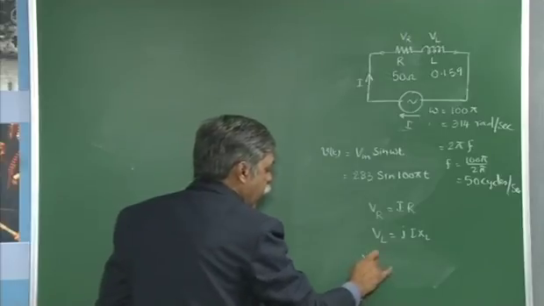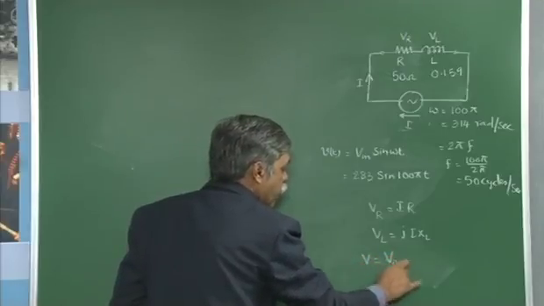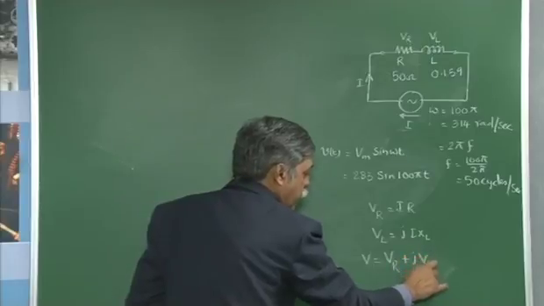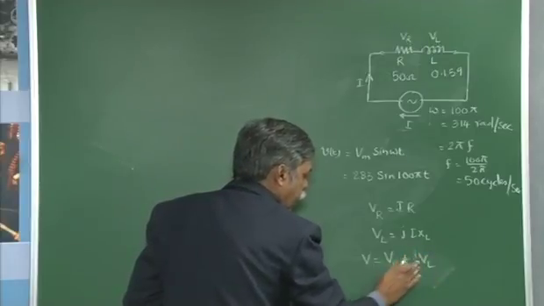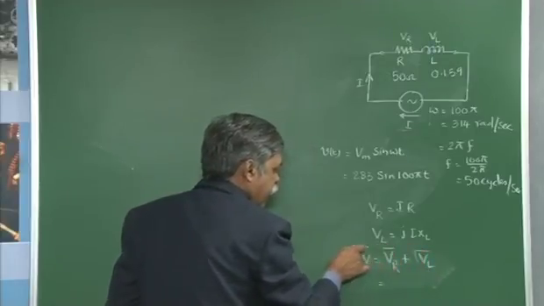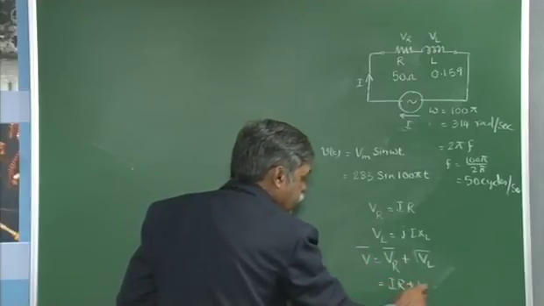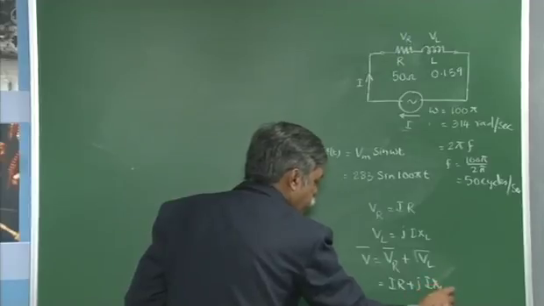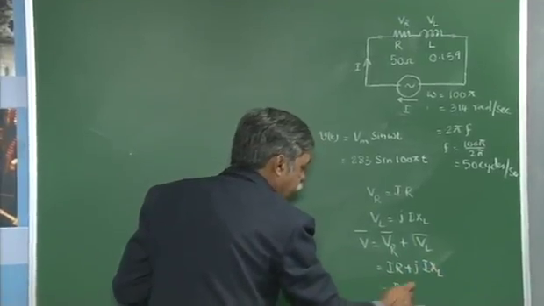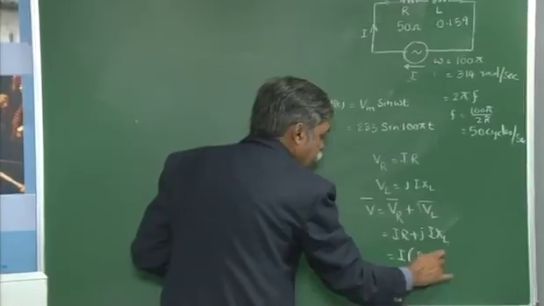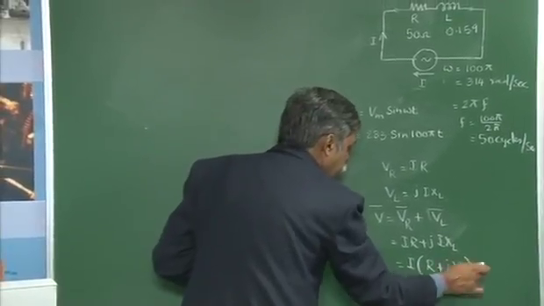Combining these two, I have V is equal to VR plus jVL, or I can write like this, VR in vector form. Therefore, it is IR plus jIXL. So this gives us I times R plus jXL, okay.